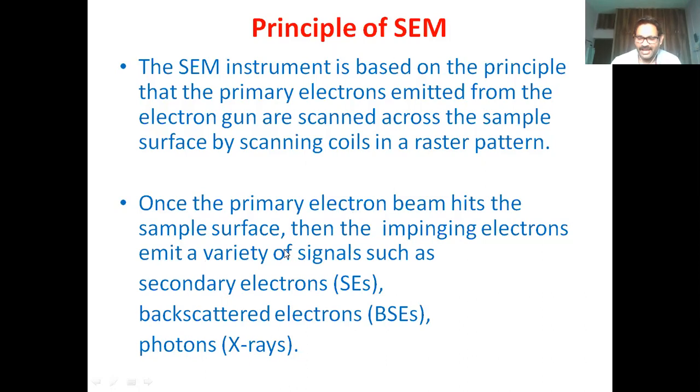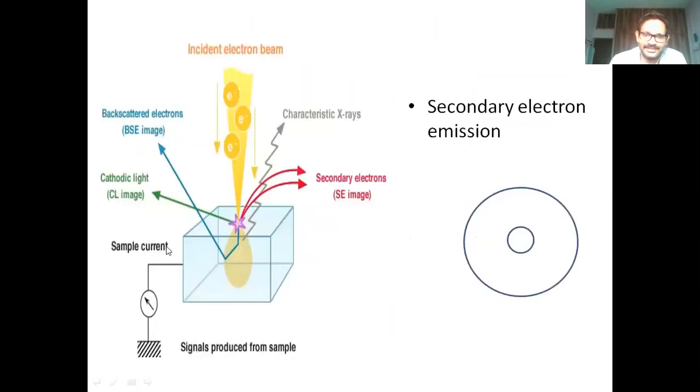So this is a pictorial representation of the SEM. We impinge the primary electrons through scanning coils like this. This is the source we get from the electron gun. These electrons hit the sample surface. Once they hit the sample surface, they produce backscattered electrons, secondary electrons, and characteristic X-rays, which we just learned.